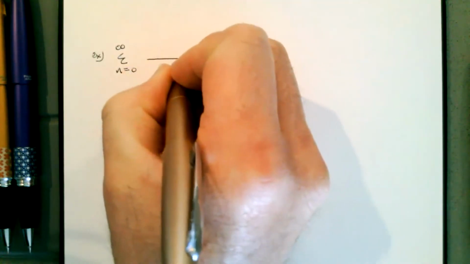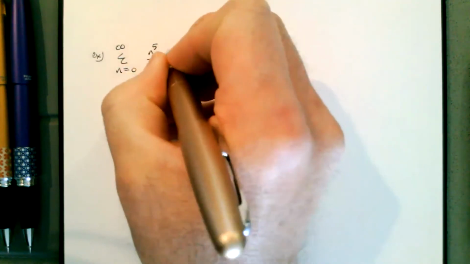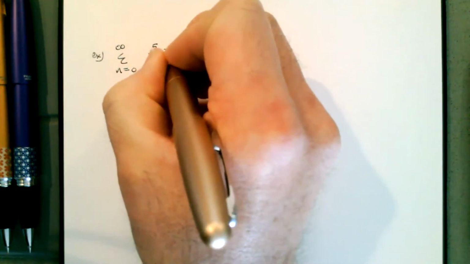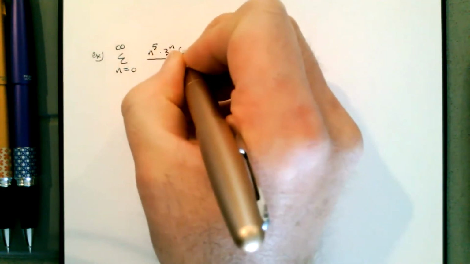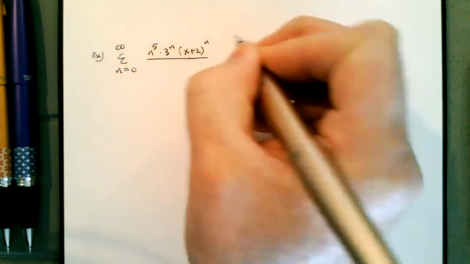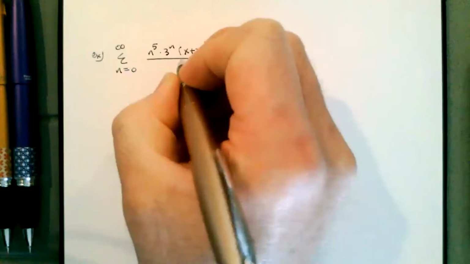So for example, let's suppose that we have a series as n goes from 0 to infinity of n to the 5th times 3 to the n times (x plus 2) to the n over n factorial.